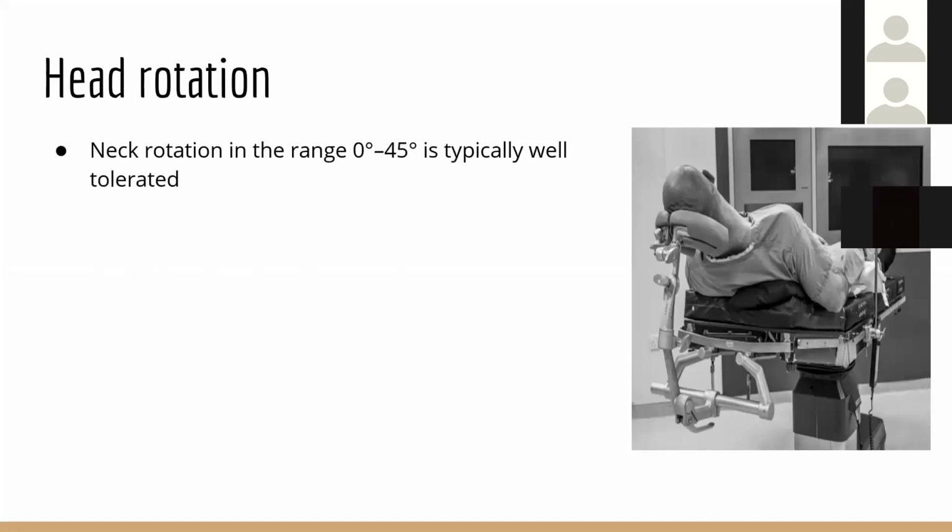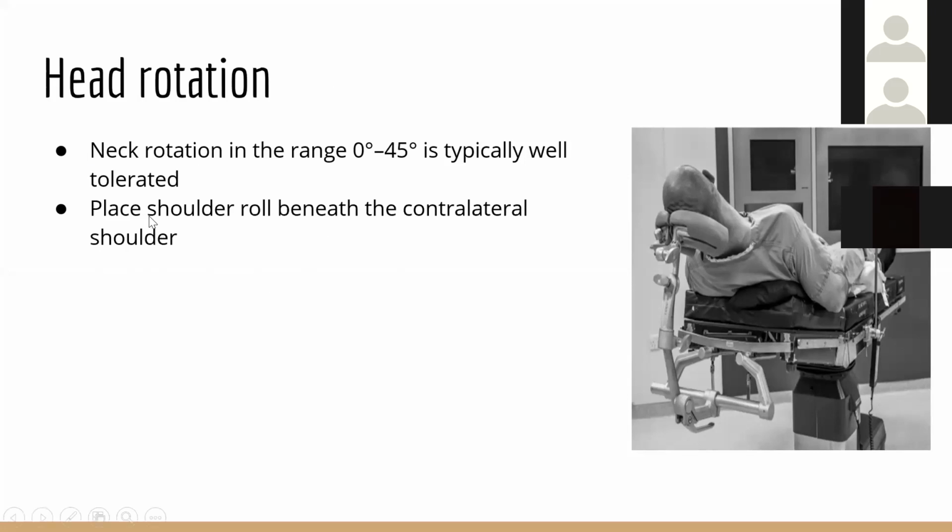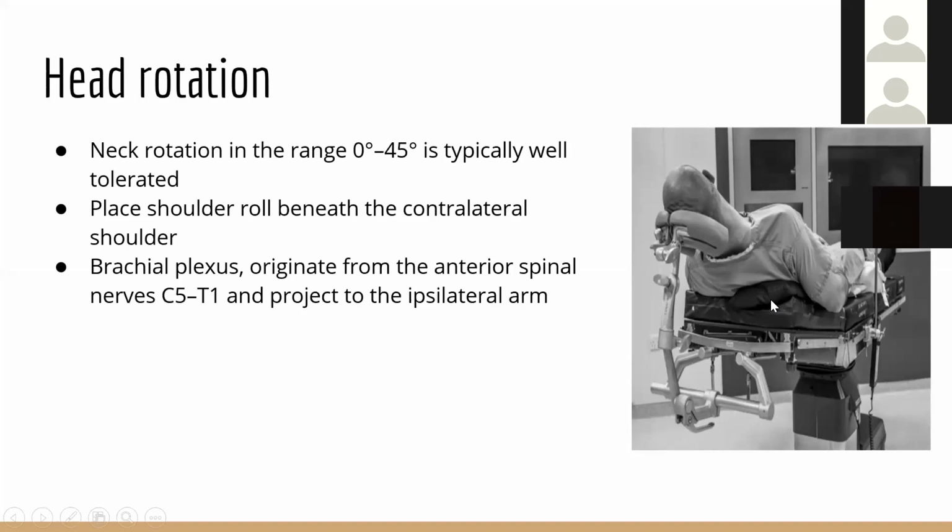Head rotation. Try to keep the head position between 0 to 45 degrees, because it's well tolerated in this range. If you are going to rotate the head towards one side, always place a shoulder roll underneath the contralateral shoulder like this. As I said, the brachial plexus originates from C5 to T1.